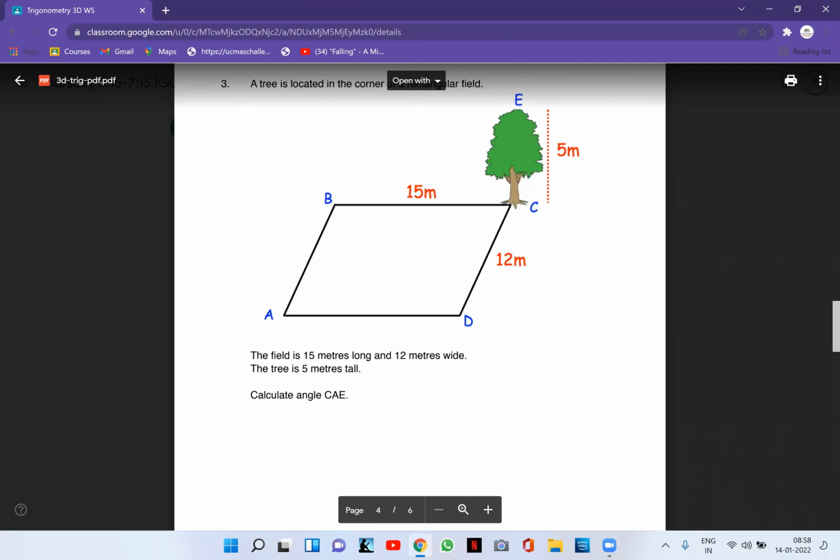Here they have given EC is equal to 5 meters. We have to find CAE. Okay, they have said calculate angle CAE. So let us see what CAE is over here. I will draw the line. This is CAE.